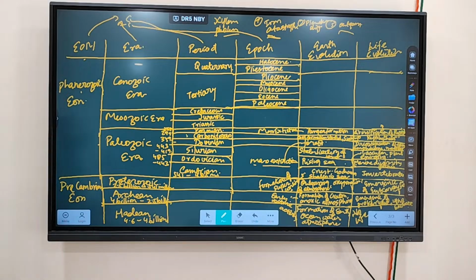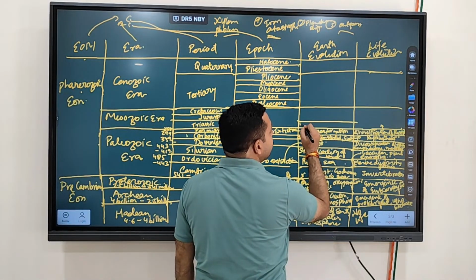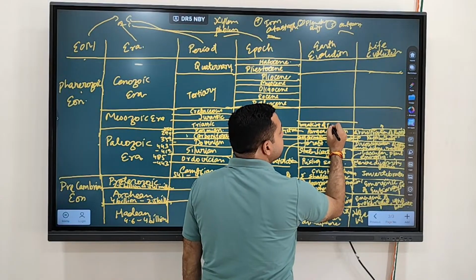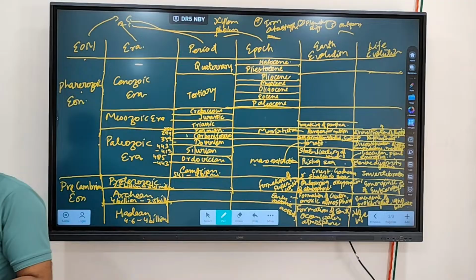Now, where is the breaking of Pangea happening? In the Triassic period. Remember, when Pangea broke down, it was divided into Gondwana land and Laurasia, that is Angara land. So the breaking of Pangea is happening in the Triassic period. Clear?